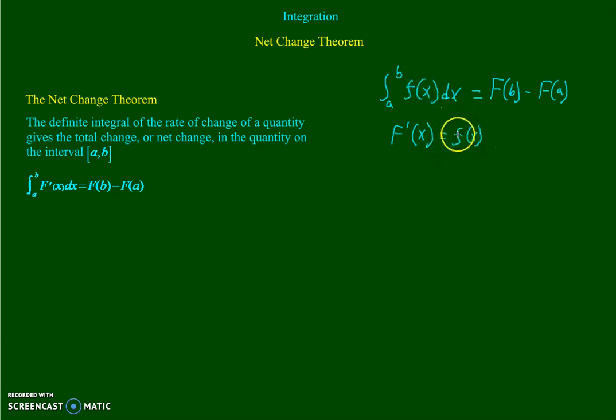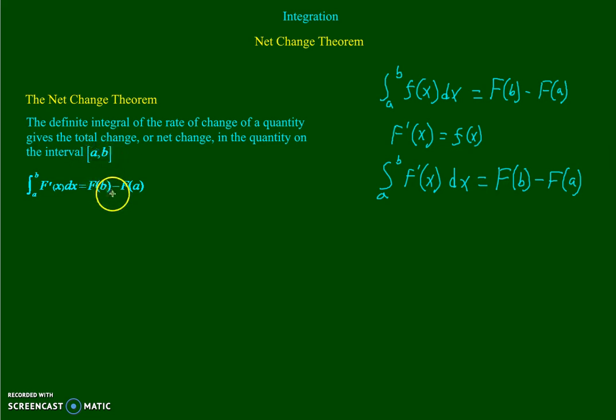So we can replace this expression with this and say that the integral from a to b of this rate of change with respect to x is equal to the antiderivative of that function evaluated at b minus the antiderivative evaluated at a. And this brings us to the net change theorem, which says the definite integral of a rate of change of a quantity gives the total change or net change in the quantity on the interval a to b.